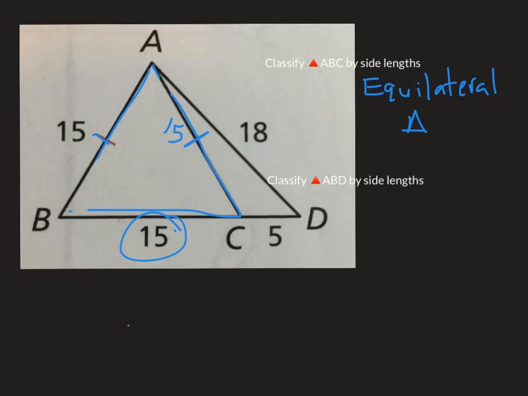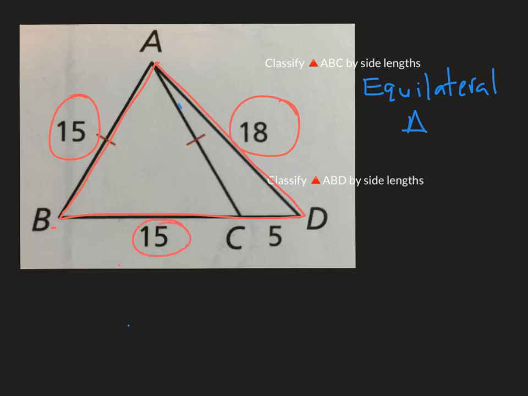All right. The other triangle we're going to look at is triangle ABD. So here's ABD. We can see that it has one side that's 15, one side that's 18, and then the third side, BD, using the segment addition postulate, we're going to have 15 plus 5, so this side is going to be 20.